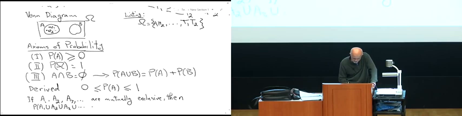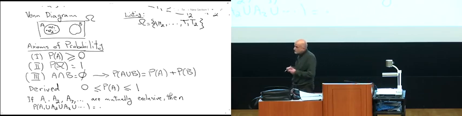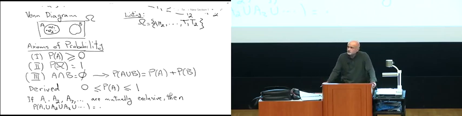I'm cheating here a little bit because we did it for a finite countable set, but in fact it extends in a non-trivial way to a countably infinite set of points. So what can I say about the probability of their union? If you were to extend this property, what would that be? It's not a trick question. The sum of all the probabilities.